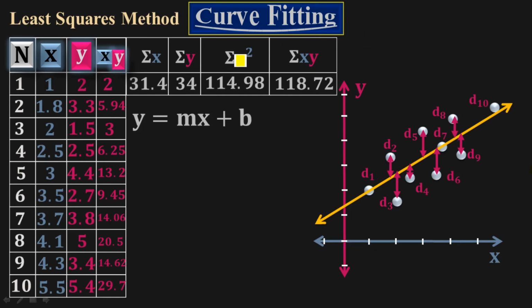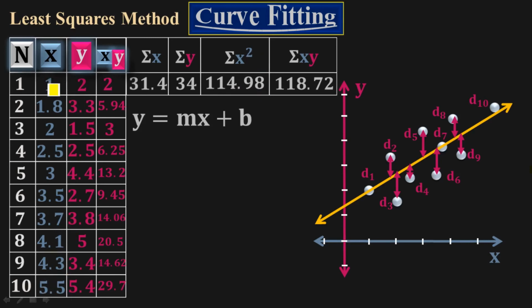And then similarly, summation of x squares. Sigma x squared means you take the squares of the x values and then add them. Like 1 squared plus 1.8 squared plus 2 squared plus 2.5 squared plus 3 squared plus 3.5 squared plus 4.1 squared plus 4.3 squared plus 5.5 squared equals 114.98. Remember, there is a square.